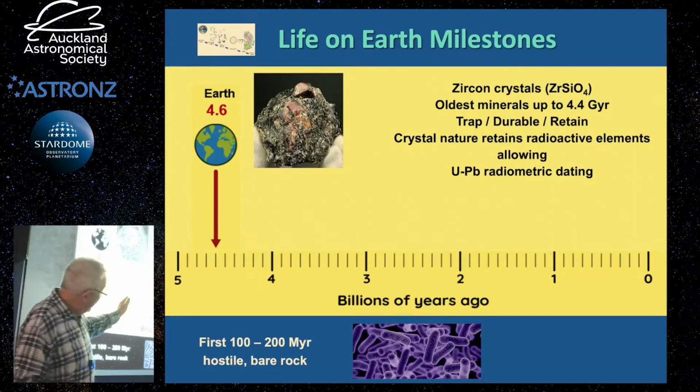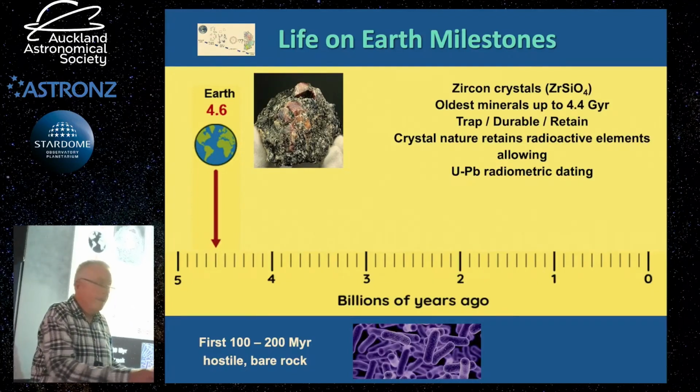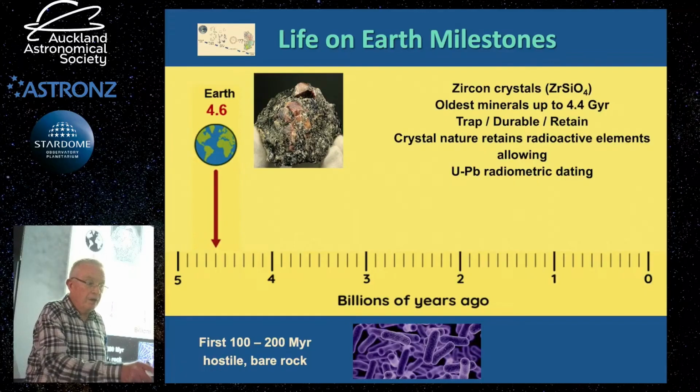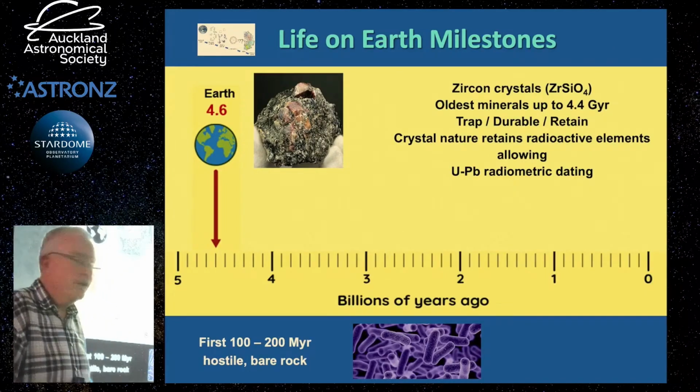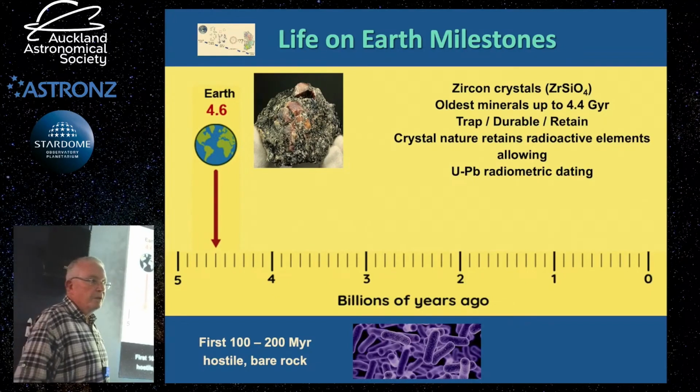So when you analyse it in the laboratory, you see how much uranium, you see how much lead is in it, and you don't have to wonder about how much was already there. Whatever lead is in there has been from decay of the uranium. Nothing in, nothing out, once it's solidified. So it's a very unique sort of mineral that's just perfect for a geologist.